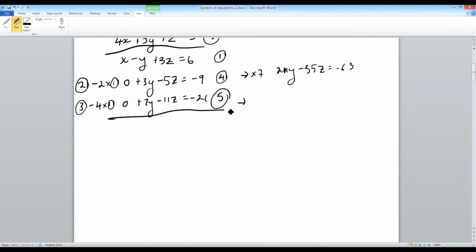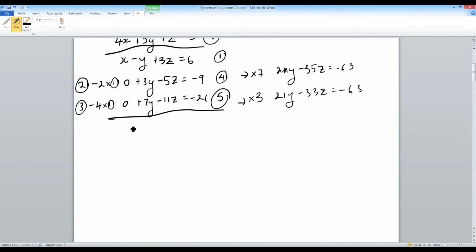For my fifth row here, I'm going to multiply it with 3. And then I am going to get 21y minus 33z is equal to negative 63. If I subtract these two equations from each other, I will see here that negative 21y minus 21y is equal to 0.